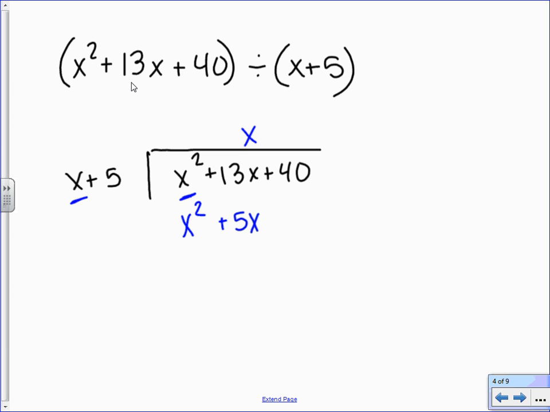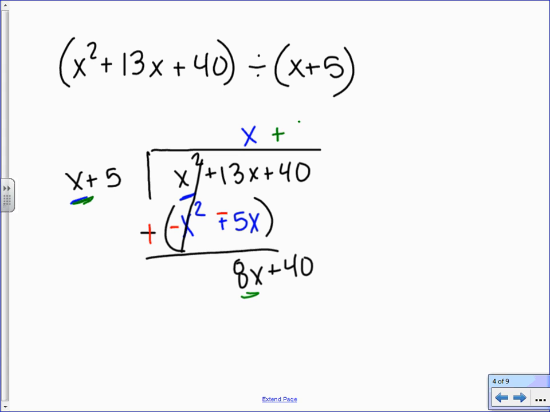And then subtract all of that. So I'm going to change it to plus, and then it'll be a negative and a negative. And when I add down, I'll get 8x plus 40. And then I must multiply by 8, so that I get 8x with my divisor, so put plus 8.